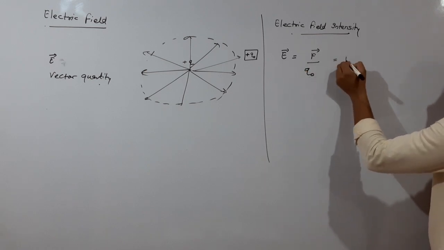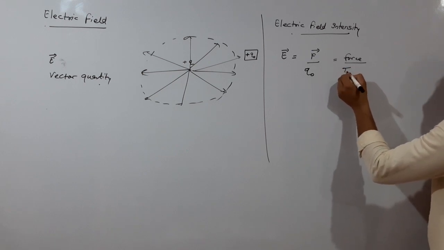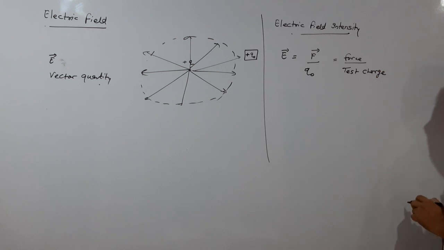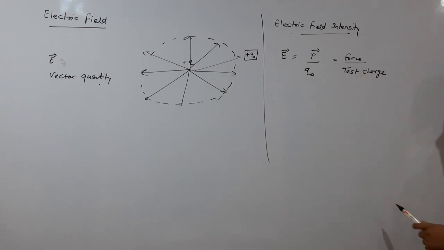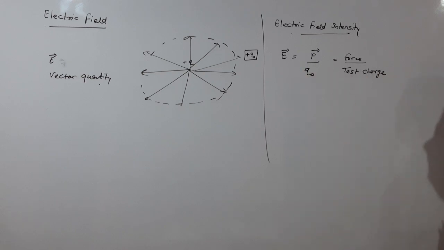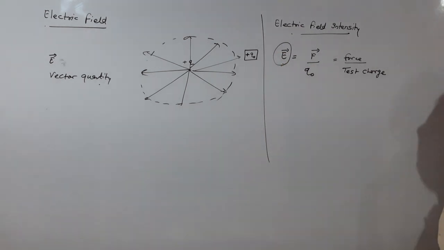Clear? F is the force, q naught is the test charge. So the definition of electric field intensity is the ratio of force per unit test charge. It is denoted by E vector.